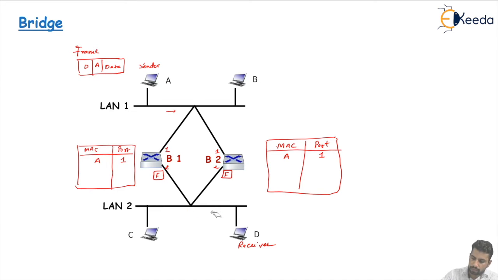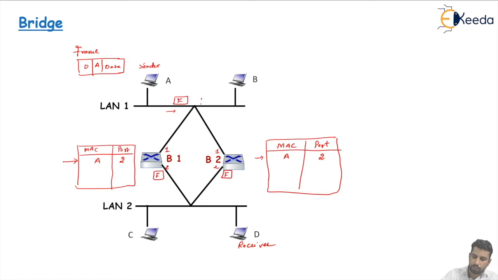This is done. Likewise, they will update their entries, because this time the frame is received from which port? Port number 2. They will update their entry: address A and port number 2. Updated the entry and then forward the frame to LAN number 1.